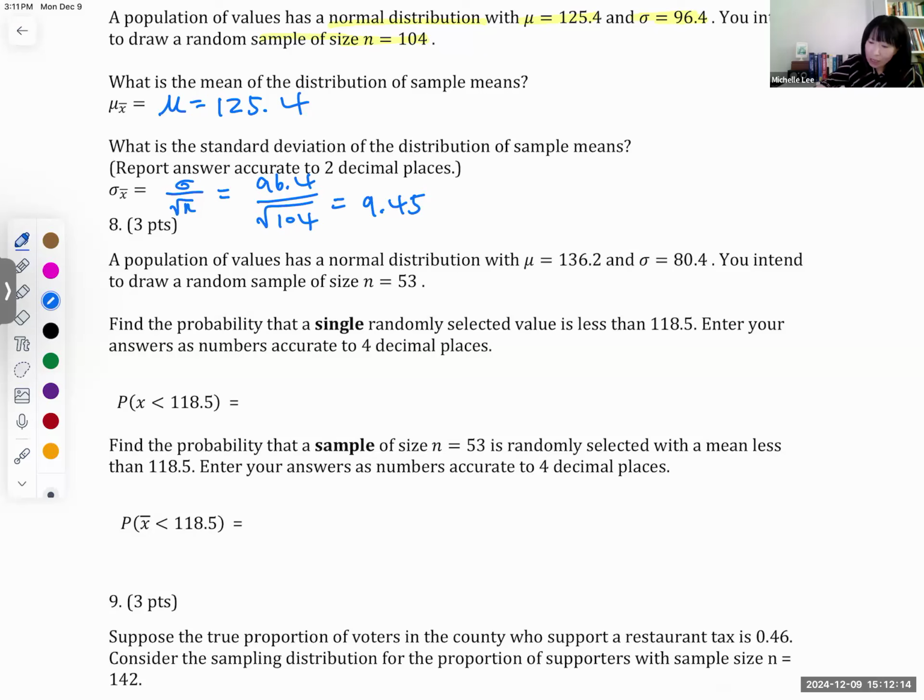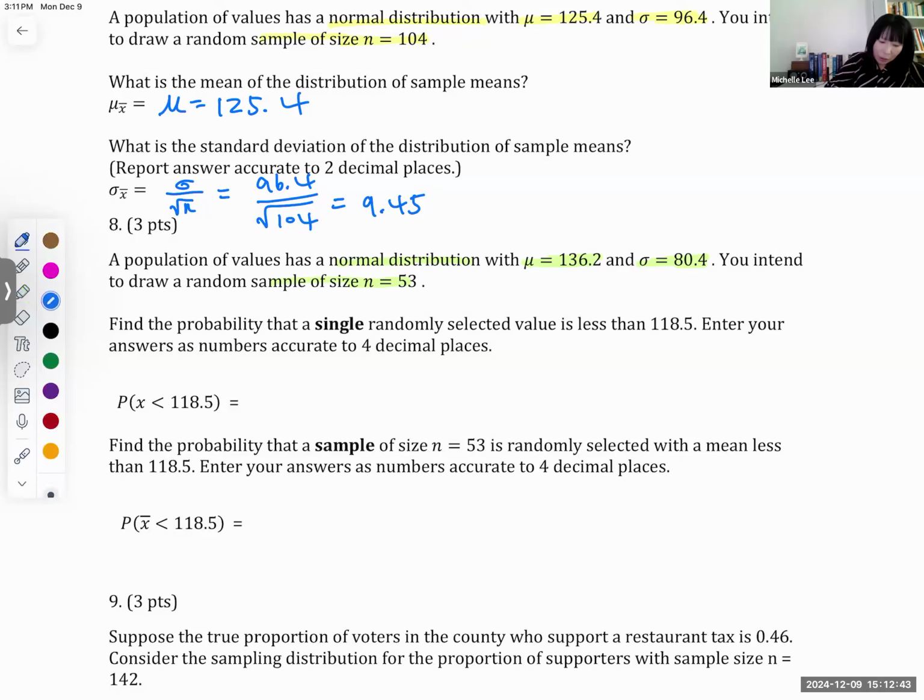Okay, so number 8, we have mu equal to 136.2, sigma equal to 80.4, and then draw a random sample size n equal to 53, and then normal distribution, right? Okay, so find the probability that a single randomly selected value is less than 118.5.